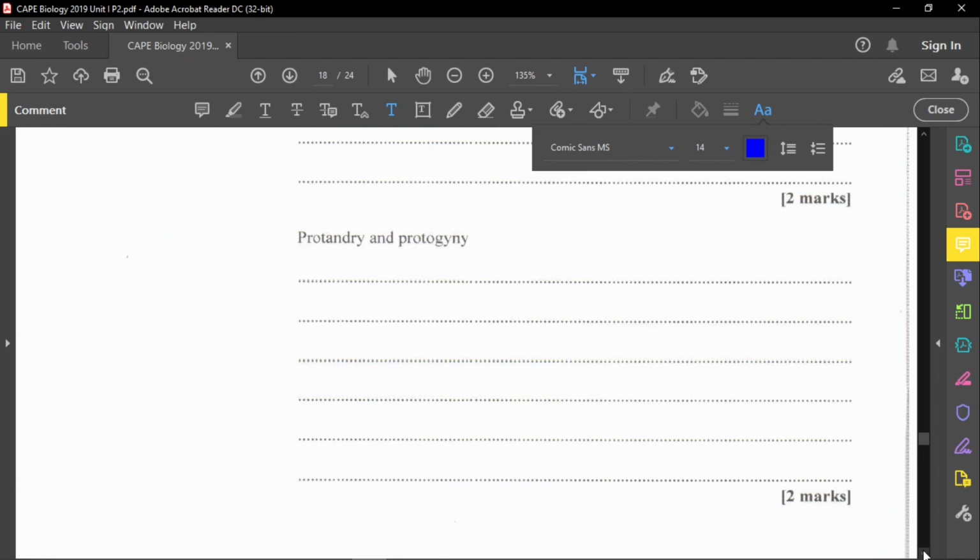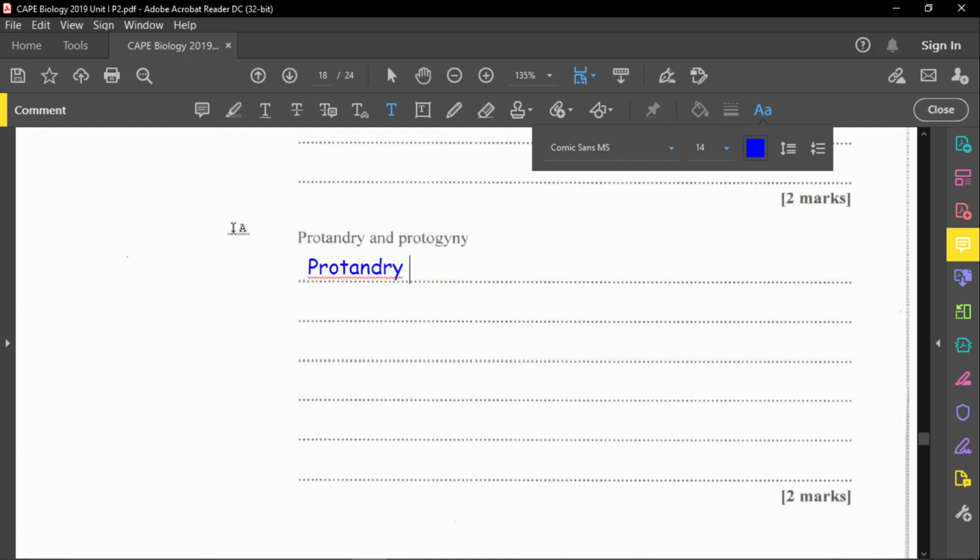Now, protandry and protogyny, which we talk about in paper 1. So I'm going to quickly jump into that, and talk about protandry. And this is only dealing with the male and female reproductive parts, which one matured before the other one. That's just what it is, okay?